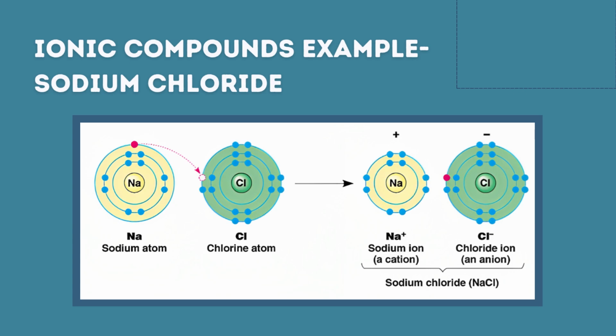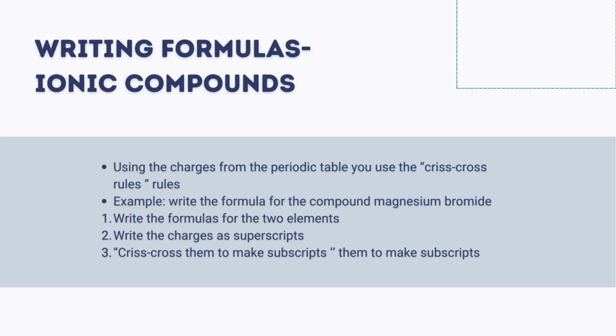Ionic compounds generally have high melting and boiling points, are soluble in polar solvents, and conduct electricity when dissolved in water or melted. When writing formulas for ionic compounds, the crisscross rule is a useful tool to determine the correct subscripts. First, you want to identify the charges of each element from the periodic table.